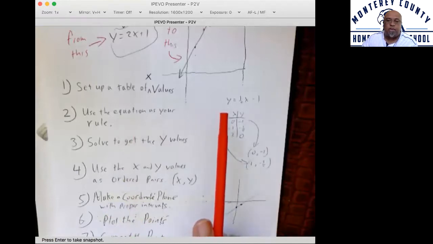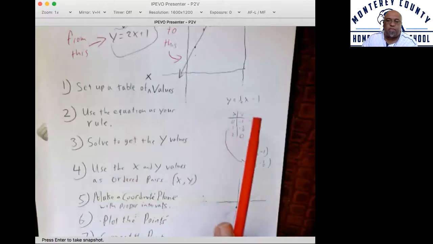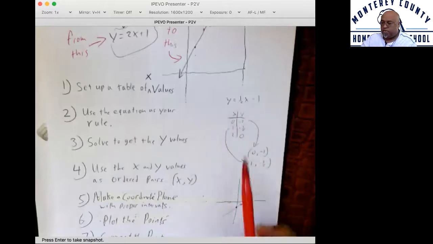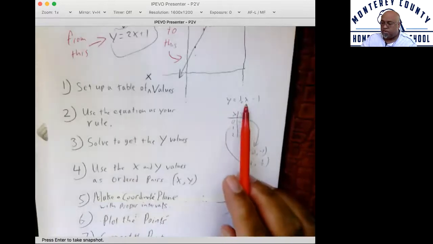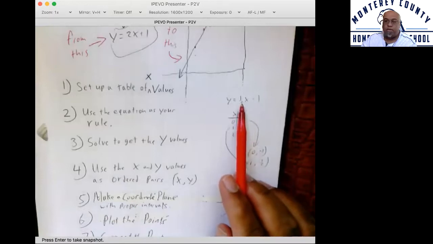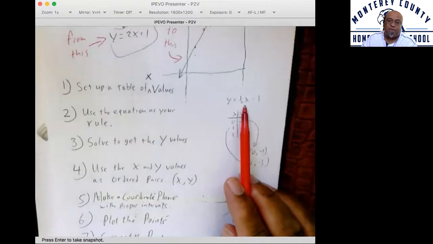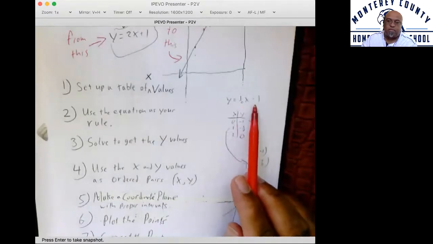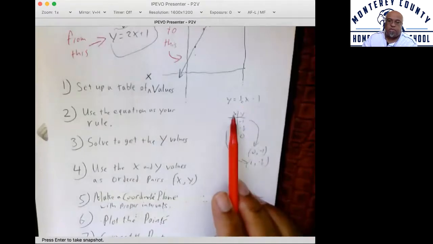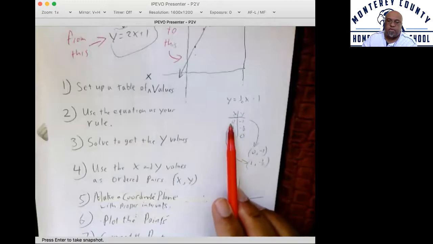In this case, I have y is equal to 1/2 x minus 1. So if x is 0, then it goes 0 times 1/2... Oh, I'm sorry, 0 times 1/2 is 0, minus 1 would be -1. So then y would equal -1. So in this case, I have 0, -1.